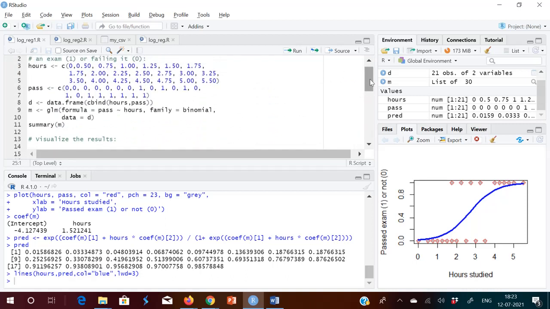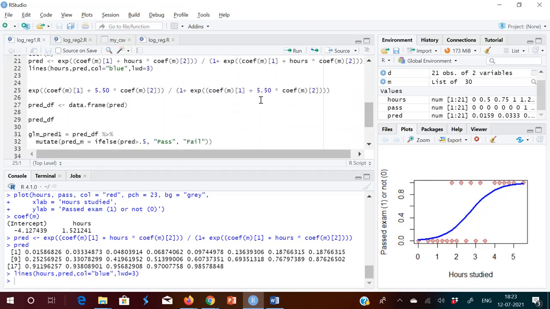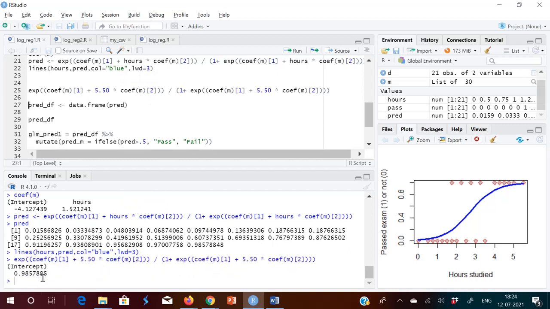The last one is 5.50, so I'm going to substitute 5.50 here in e raised to y by 1 plus e raised to y. Let me see what I get. I got 0.985788, the same thing. They are just rounding the figures. So this is how you are getting this.